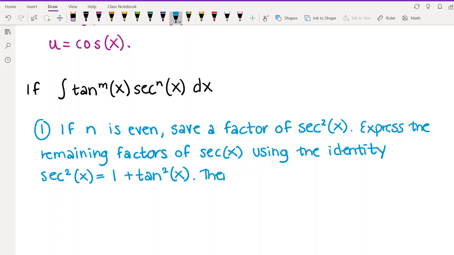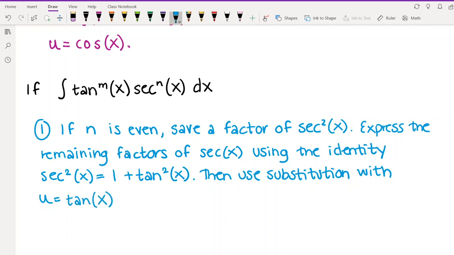And then we're going to use substitution with u is equal to, in this case, we would do u is equal to tangent of x.